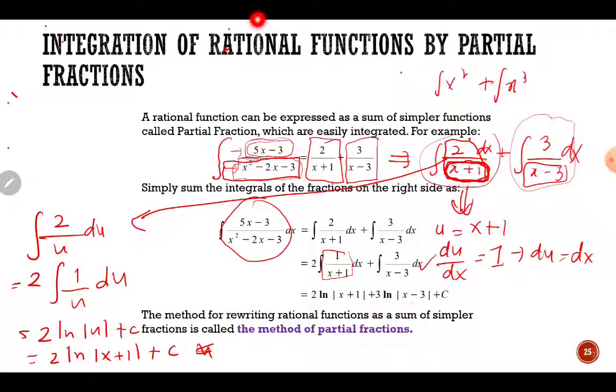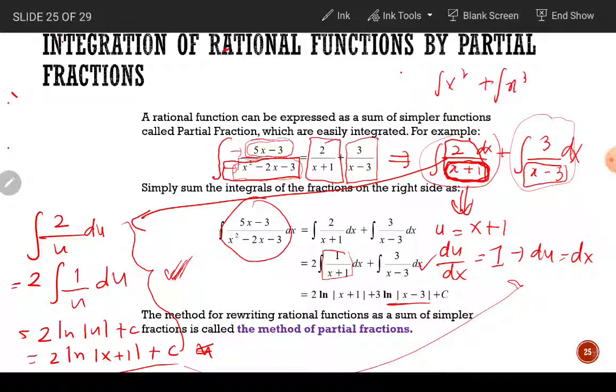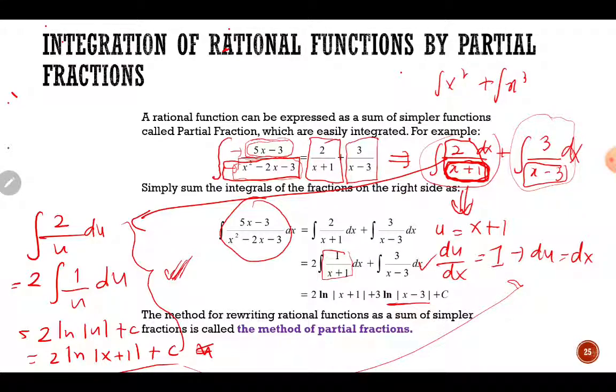If it is x minus 3, it gives ln of x minus 3. So I'm not going to always show it like this. I assume that all of you understand why it gives ln. I have explained it over here, right? So now we understand how it comes out with this answer.